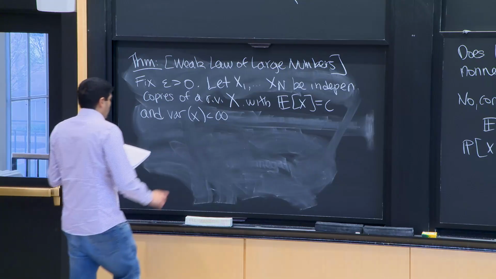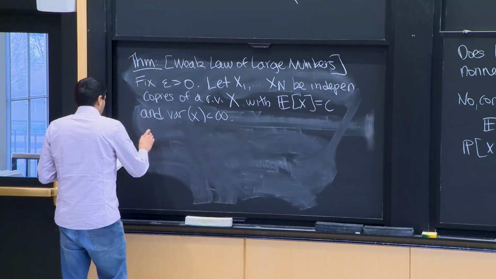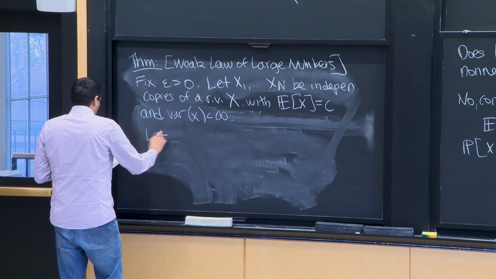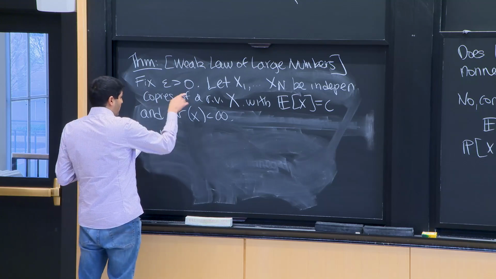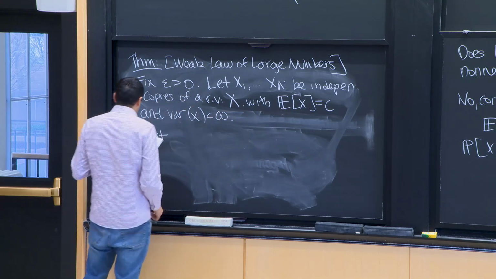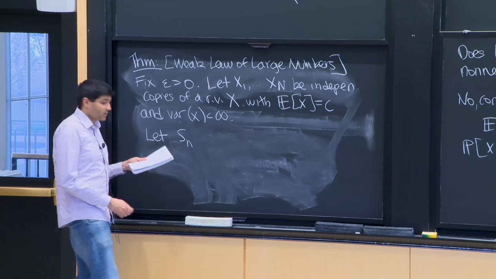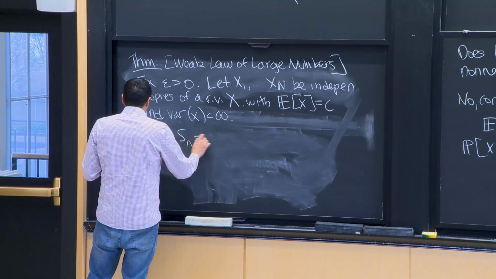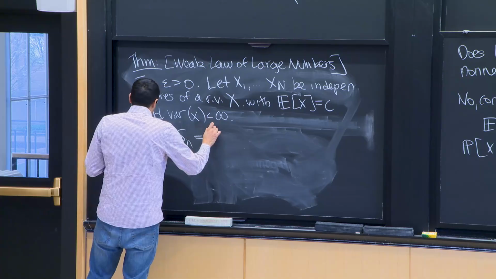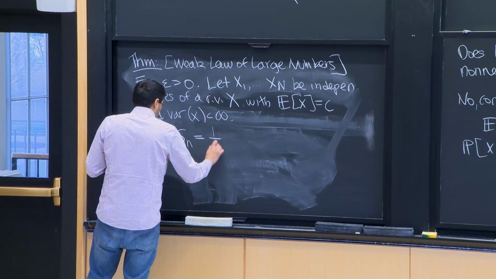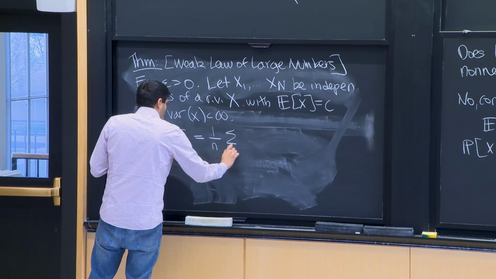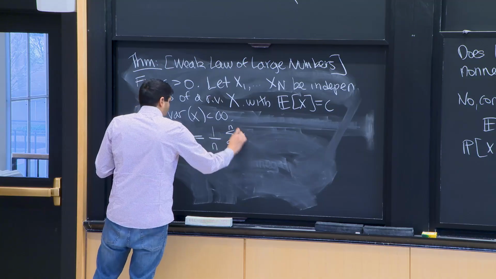Well, what I'm going to do is look at averages of these random variables as a way to try and approximate this expectation c. So I'm going to define a new random variable Sn that's just going to be the average. It'll be 1 over little n, sum from i equals 1 to n of xi.